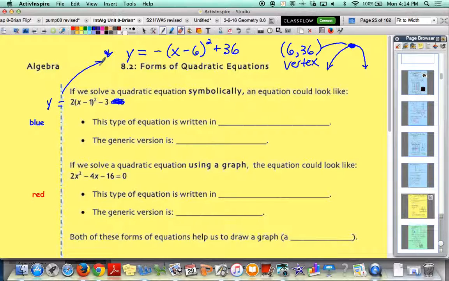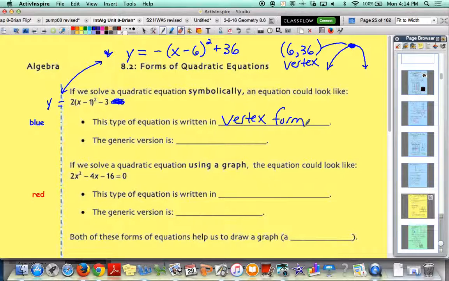It's not exactly the same equation, but it looks similar. That is a very typical type of quadratic equation, written in what we call the vertex form. This type of equation is written in vertex form.